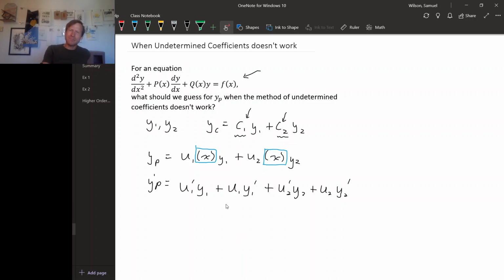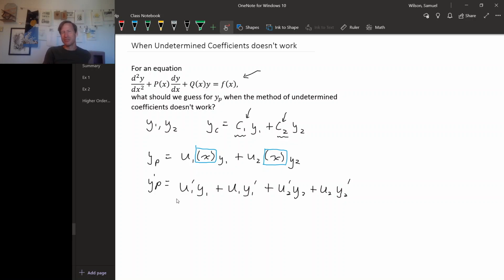But when we do plug this guess for y sub p into the differential equation, we're going to get one equation that tells us about one of the u's, but we have 2 u's. So we have 2 unknown functions here, u1 and u2, but we're only going to end up with one equation. It seems like we should be free to choose another equation, right?